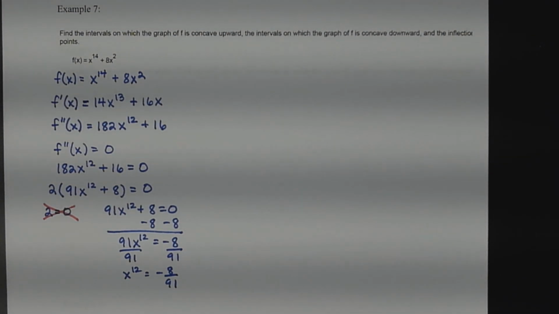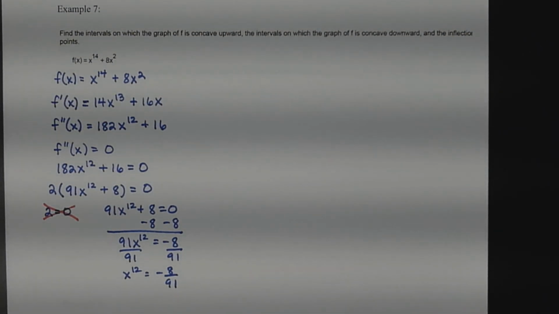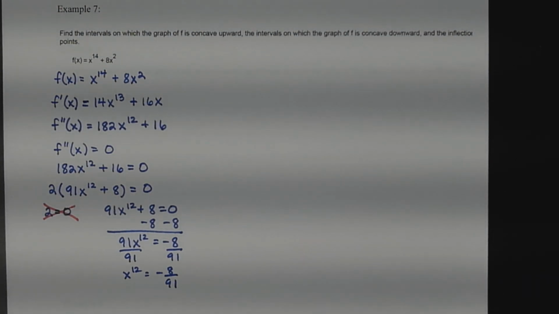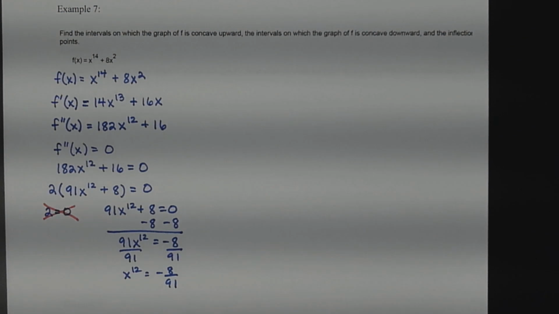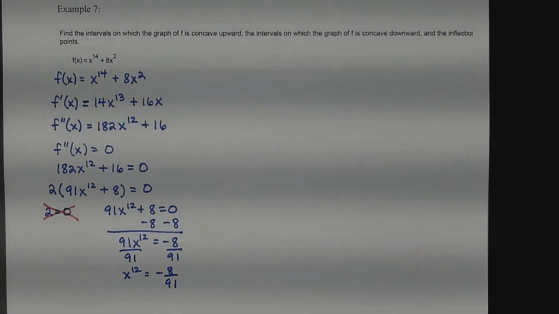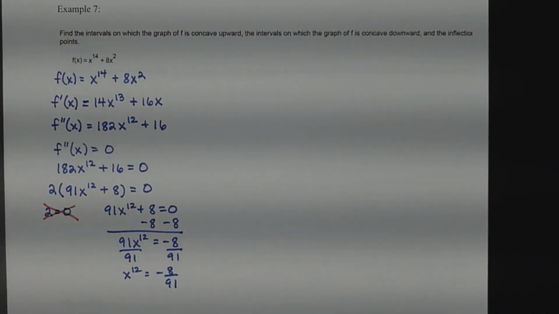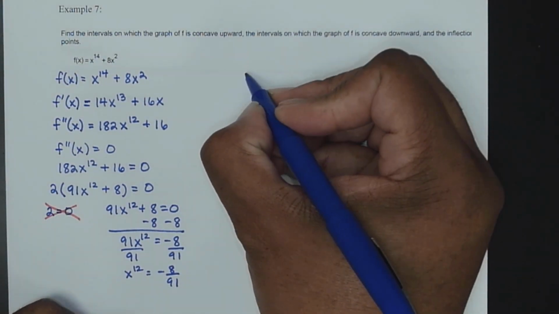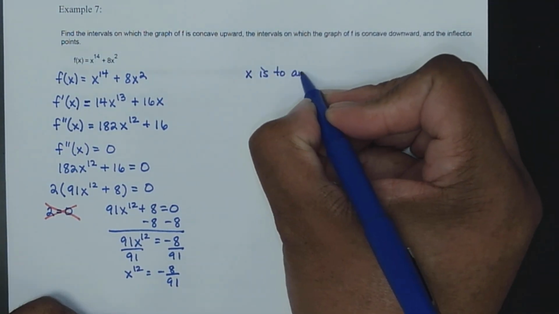And x is to an even power, as you can see, which means there's no value of x where if I raise it to the 12th power, I get negative 8 over 91. Okay? So by looking at this, I'm going to say that x is to an even power.